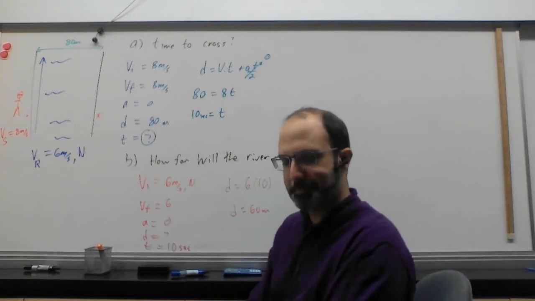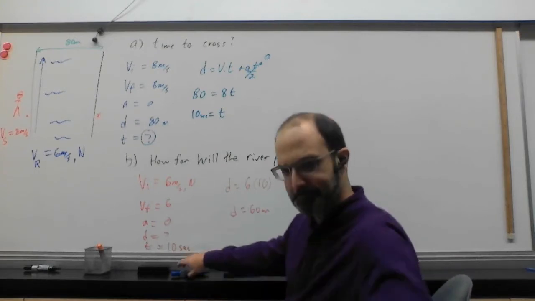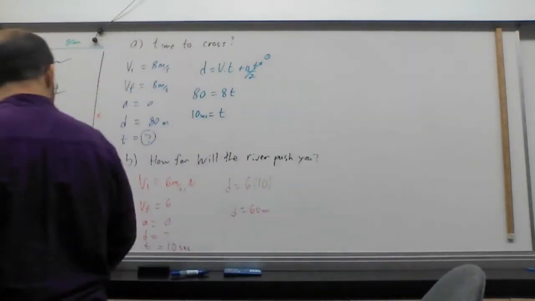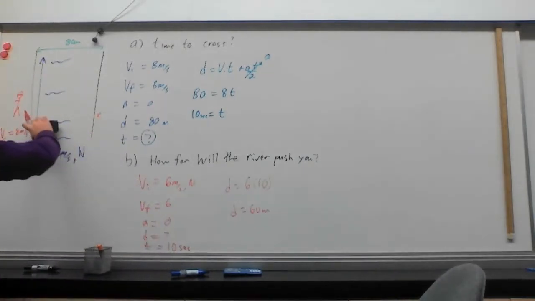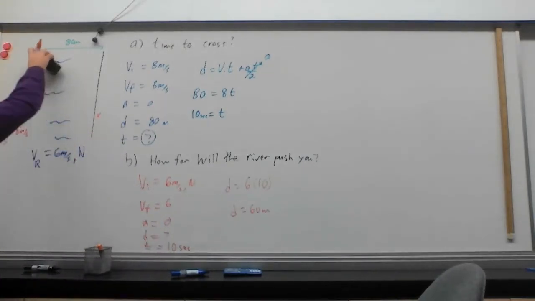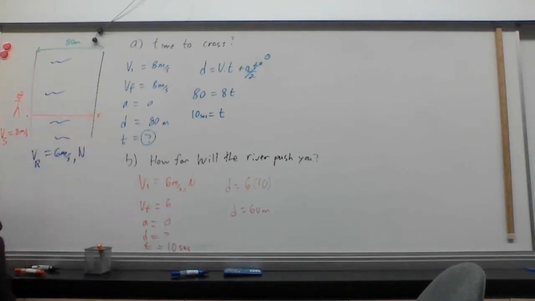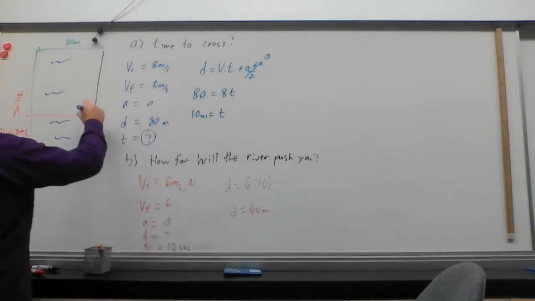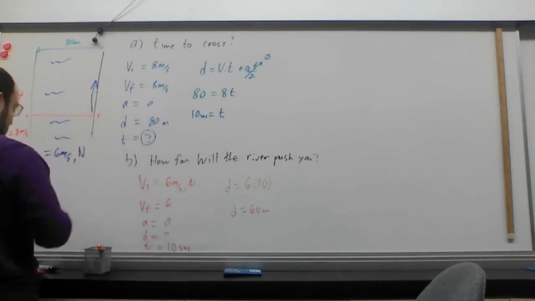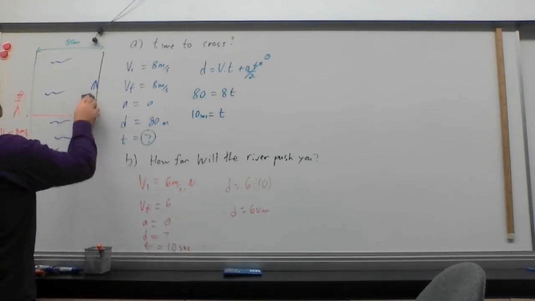Let's take a look at our diagram. What does that look like? You went straight across. You went like this. And the river pushed you like that. It's almost a straight line.